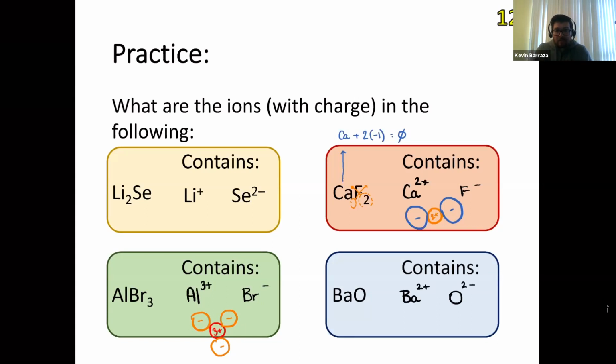This is one where we have to be careful, because if we just look at them, we might think maybe they're +1, -1. But this is a case where we've reduced the crisscross. We crisscrossed them and then reduced it because there was the common 2. This is an example of why it's important to not rely too heavily on, oh, I can always uncrisscross the subscripts to get back what charge it had.